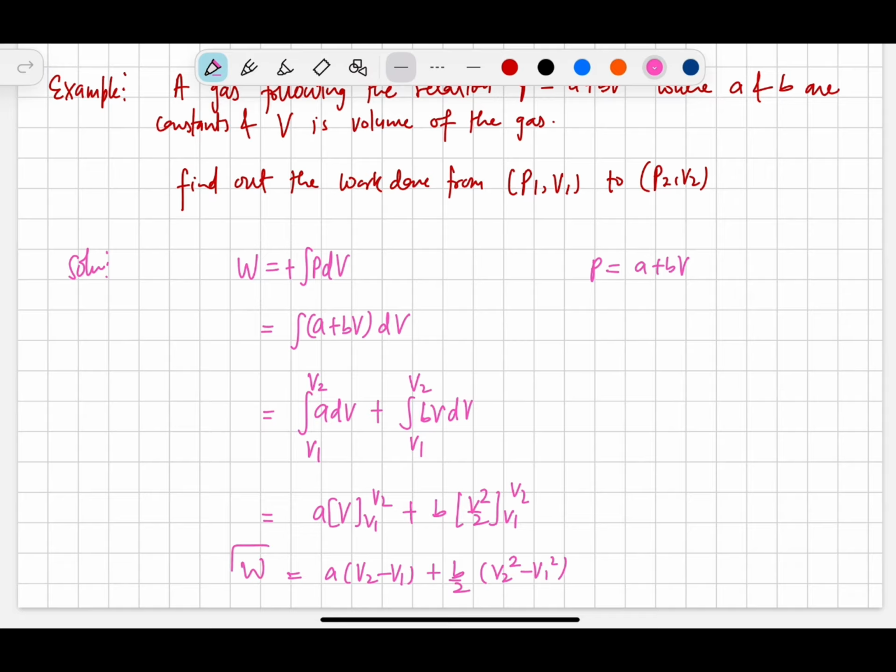This is the work done by the gas from V1 to V2. I think this is the correct calculation. Let me see.